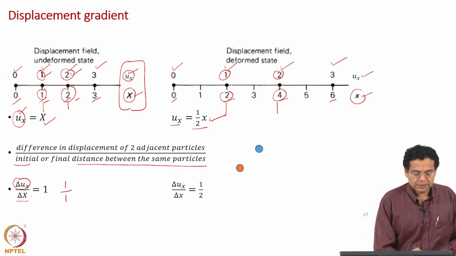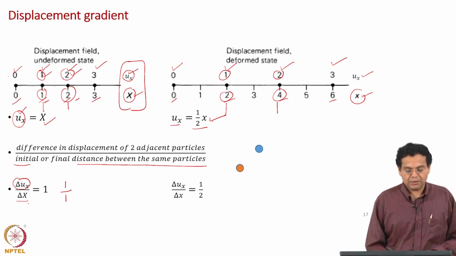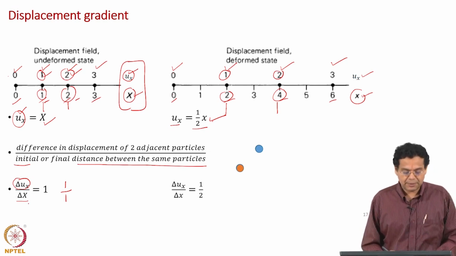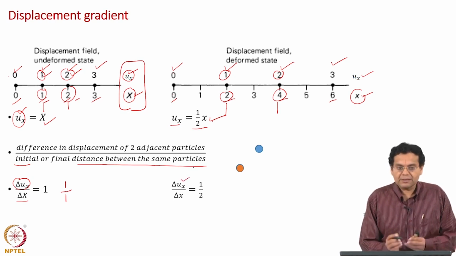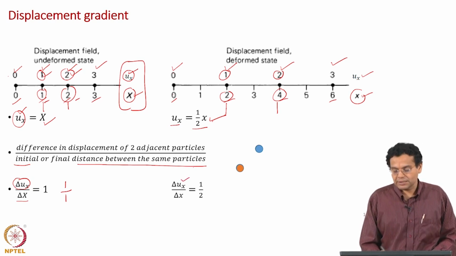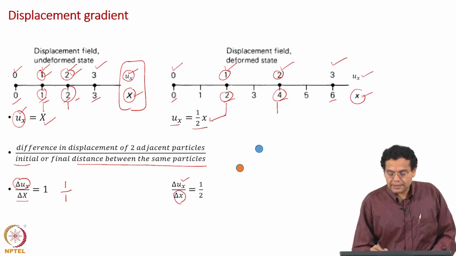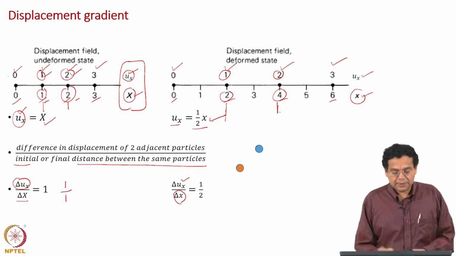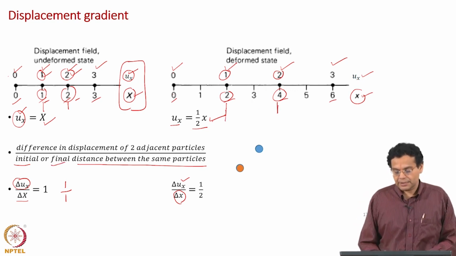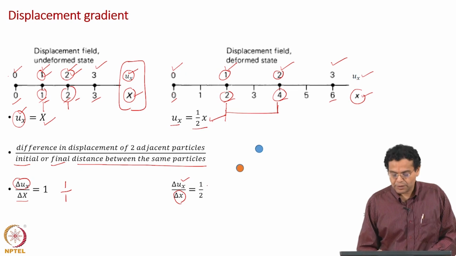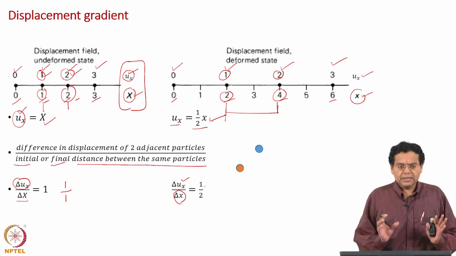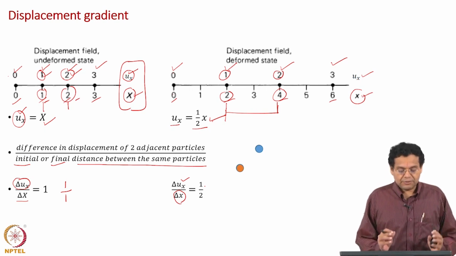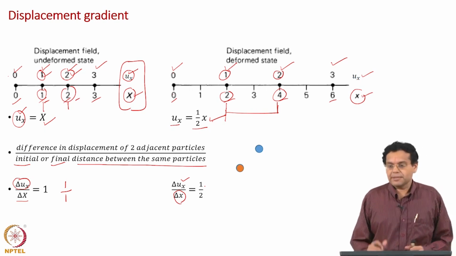The denominator we are using is delta capital X, denoting the initial distance between the particles. The second alternative: the numerator has no ambiguity, it represents the difference in displacement of two adjacent particles, but for the denominator I take the final distance between the particles, which is 2 units. So, I have 1 by 2, that is half. These are the two different ways in which you can express the displacement gradient.